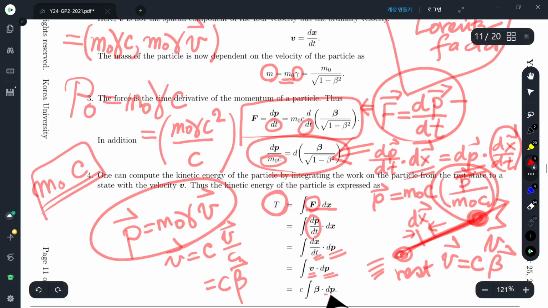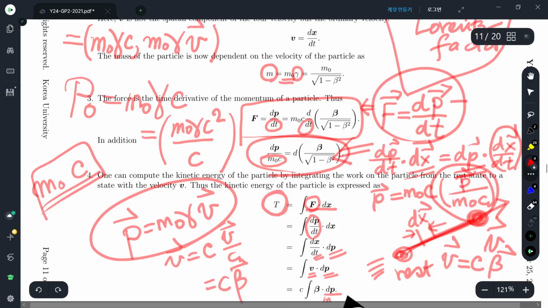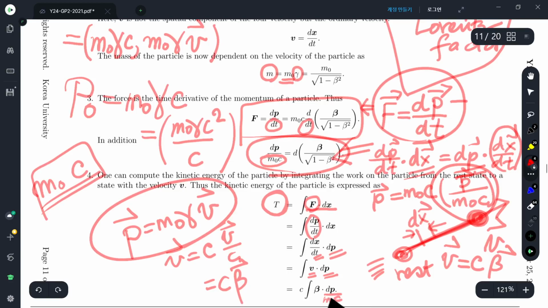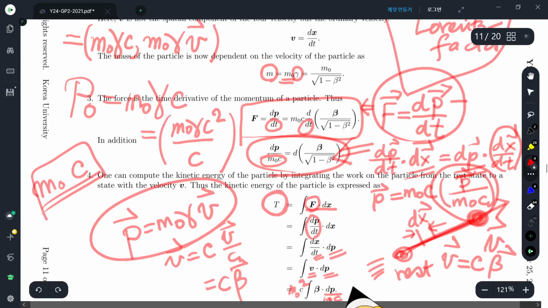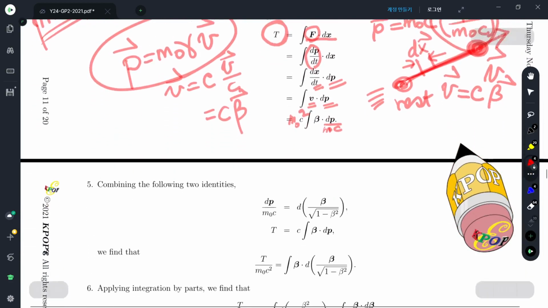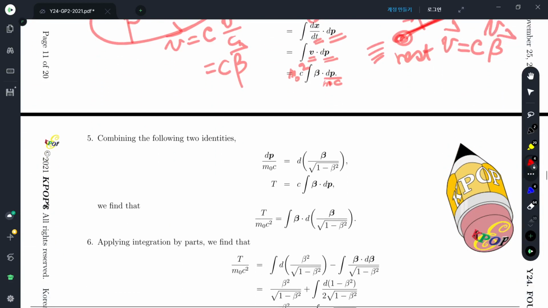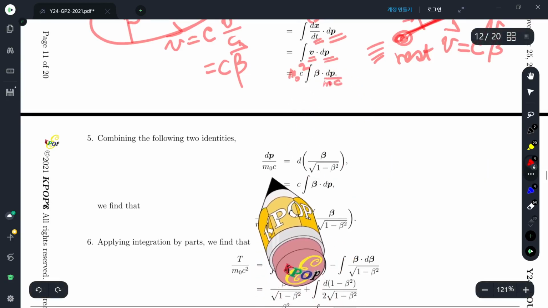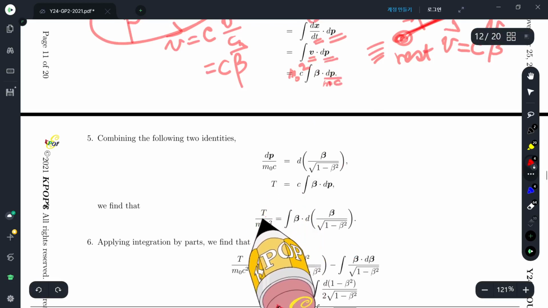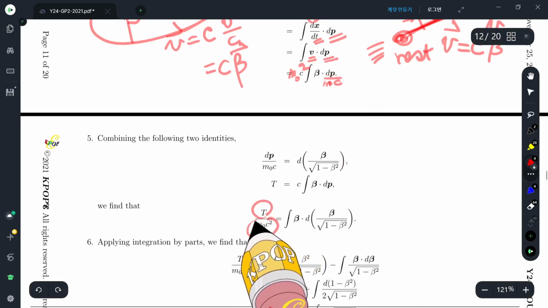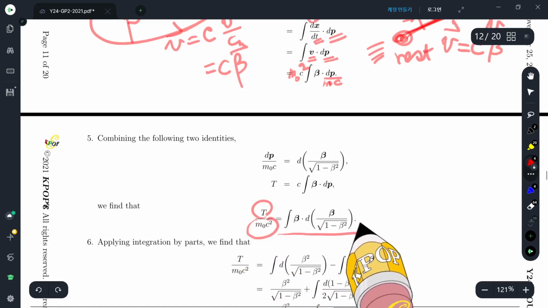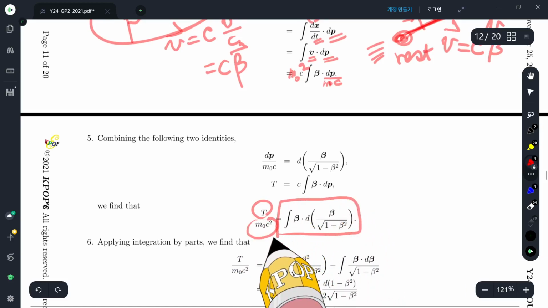Again, this can be rescaled with m0c, and then we can multiply m0c, so it becomes m0c squared and a dimensionless integral. In that case, the left side is the kinetic energy divided by m0c squared, and we end up with the dimensionless integral.